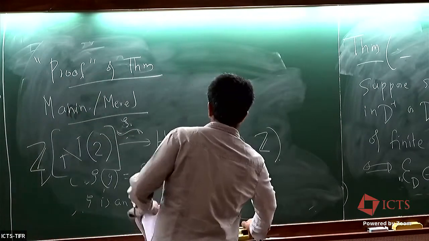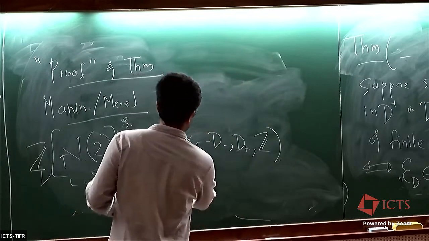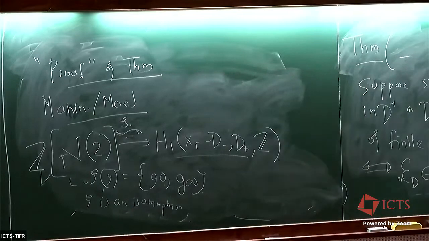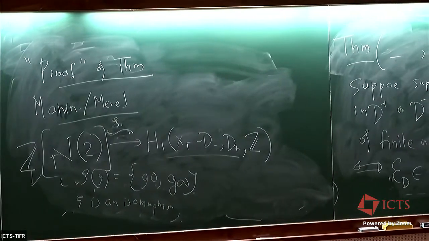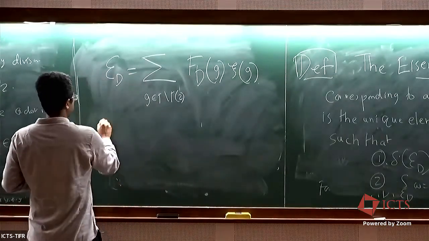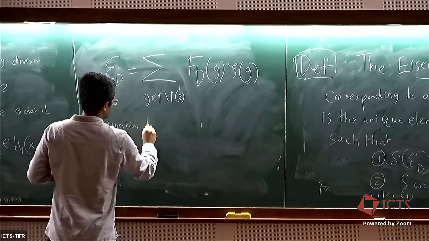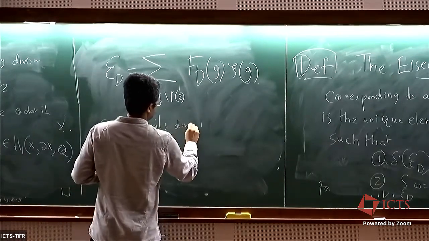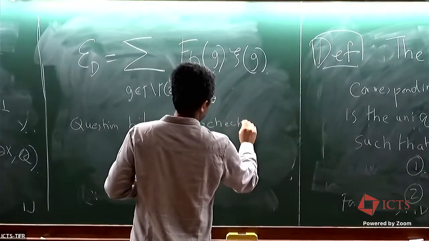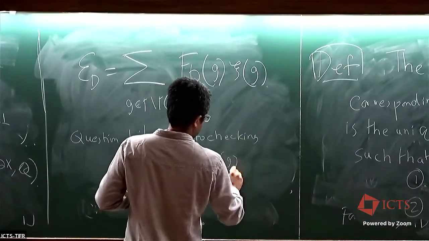Okay, so if you want to study something in this group, you start with this ED, and you can write it as 2 times Vg. So the question boils down to checking if Vg belongs to Q or not.